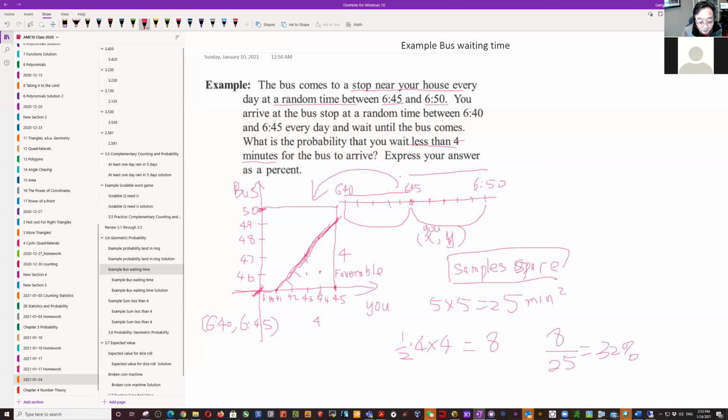So basically, it's going to be 0. Usually in geometry probability, they always ask you less than, greater than, or equal to, something like that. It won't ask what's the probability that you wait exactly a minute. And if that type of question is asked, it's always 0.